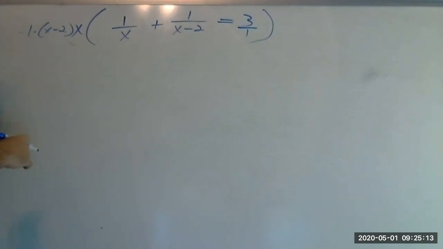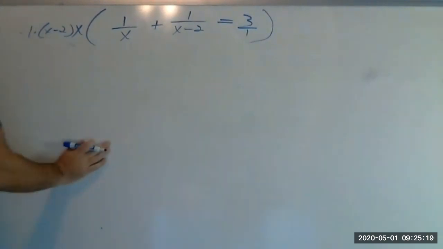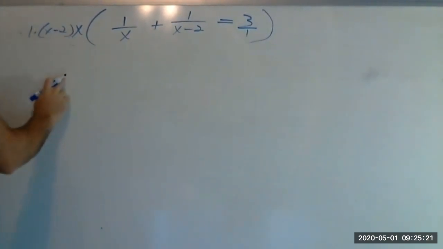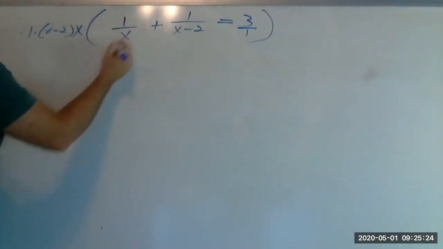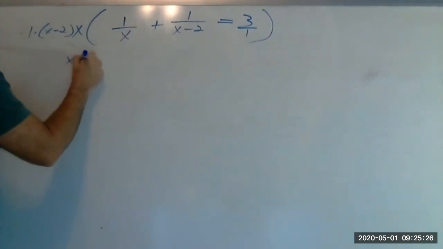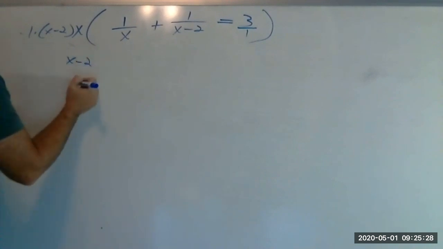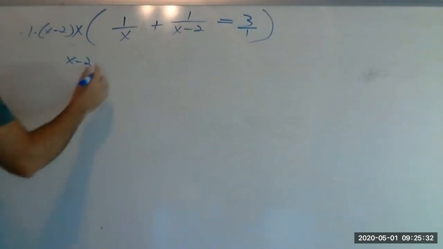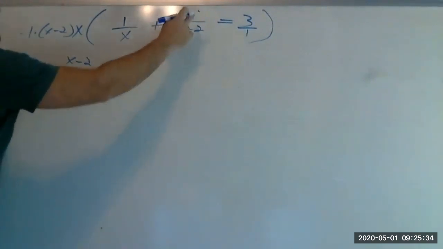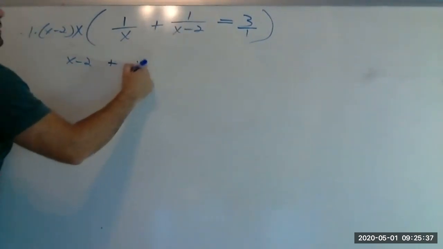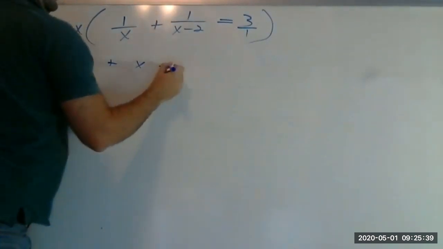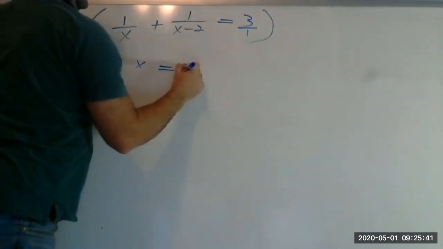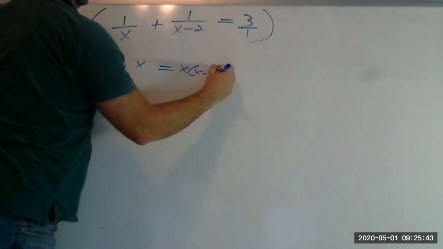But that's just an extra step, we don't really have to worry about that. So if you multiply everything by x minus 2 times x, this thing becomes x minus 2. That's it. This becomes x. And this becomes x times x minus 2.